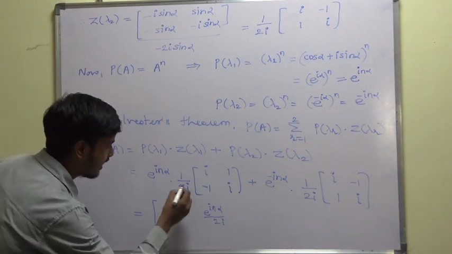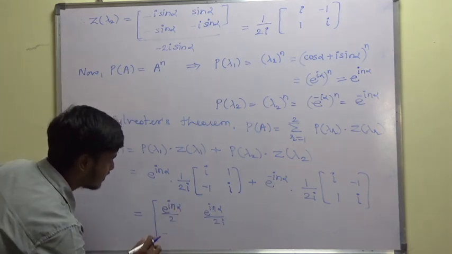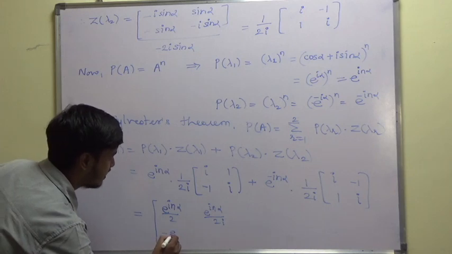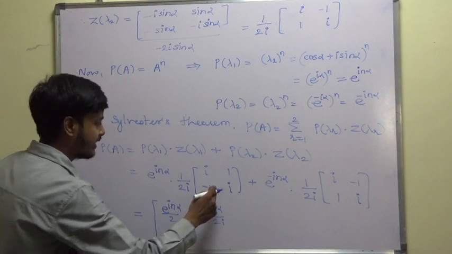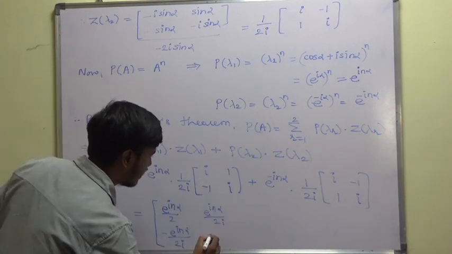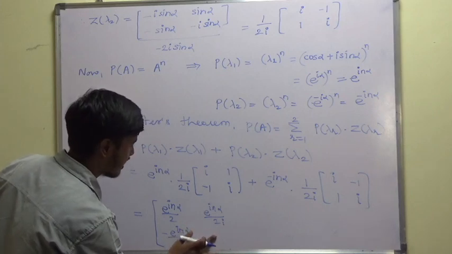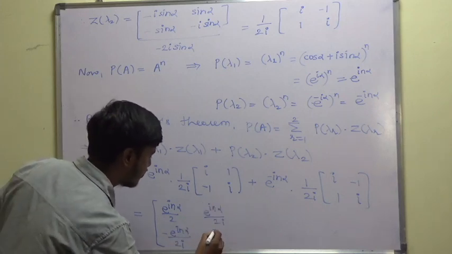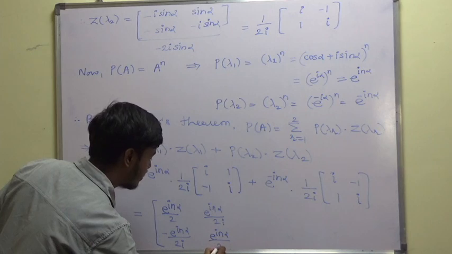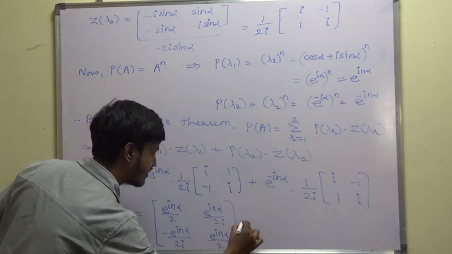And then minus e to the power i n alpha by 2i, and then here i times, so this i gets cancelled, e to the power i n alpha by 2. Okay, this is the first matrix.